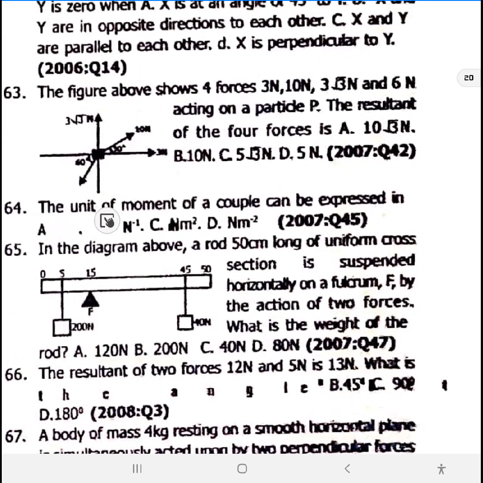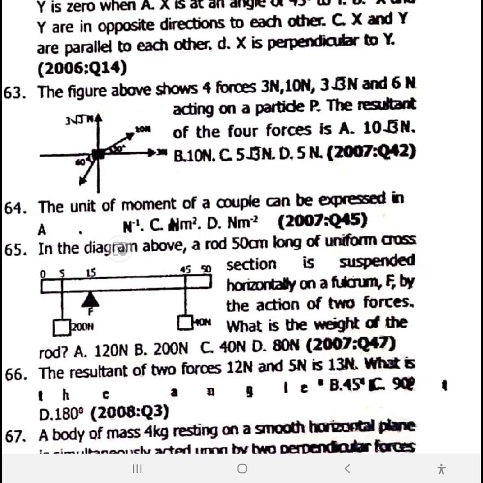Okay, the unit of moment of a couple can be expressed as, not clear, but I'm going to say the unit either way. First, let's define moment.